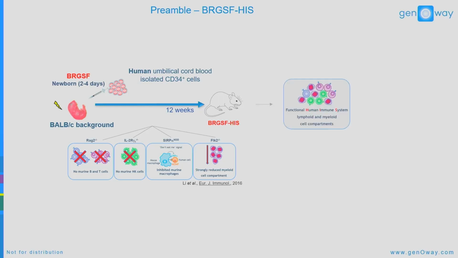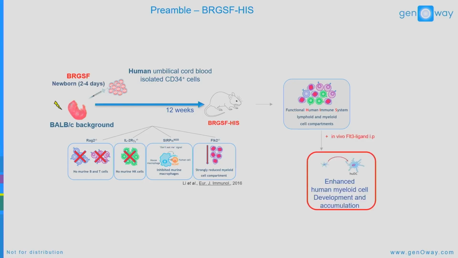That human immune system will first be strongly dominated by lymphoid cells, but upon FLT3 ligand injection, FLT3 ligand will selectively activate the human cells and won't be able to cross-react with the remaining mouse cells due to the FLT3 knockout that has been performed here. And the human myeloid compartment will start to develop and to become activated by the stimulus.